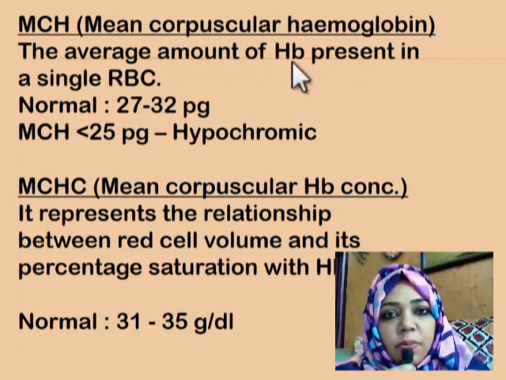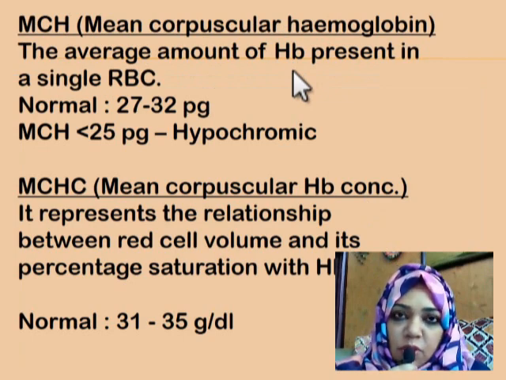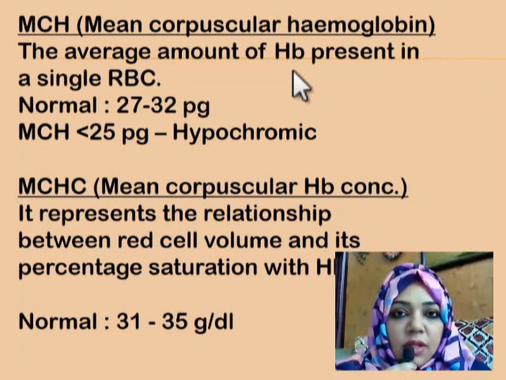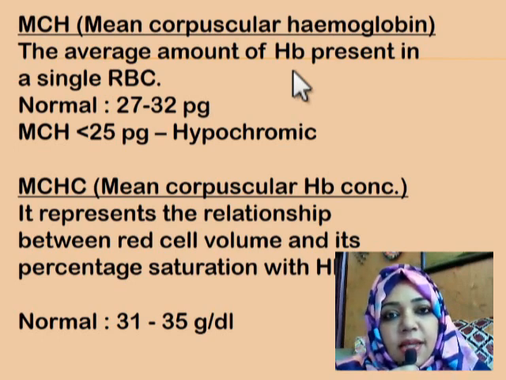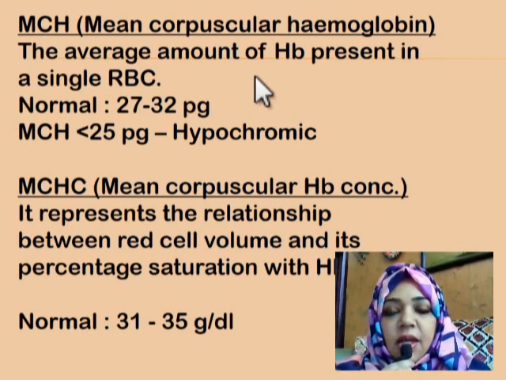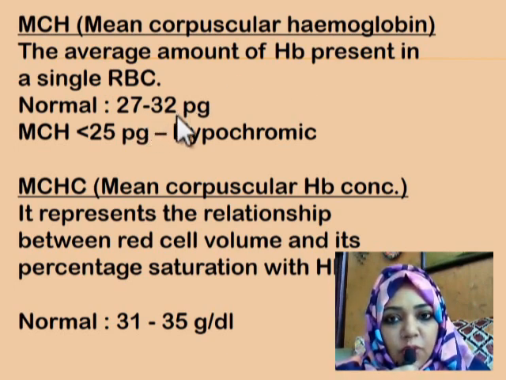MCH, or mean corpuscular hemoglobin. It is the average amount of hemoglobin present in a single RBC. Not the whole blood, but in a single RBC, the amount of hemoglobin that is present. The normal level is 27 to 32 picogram.